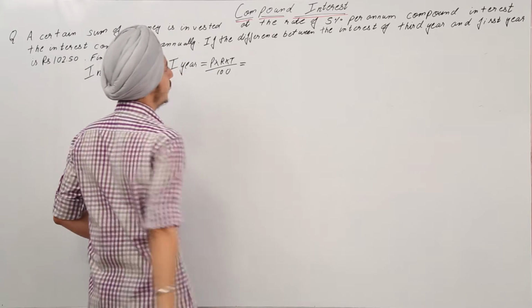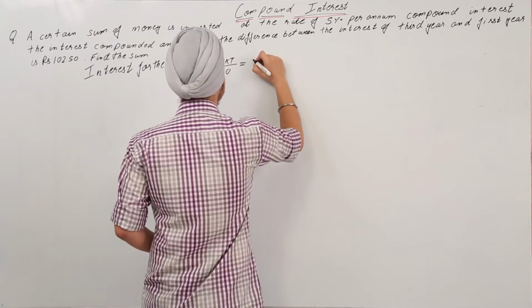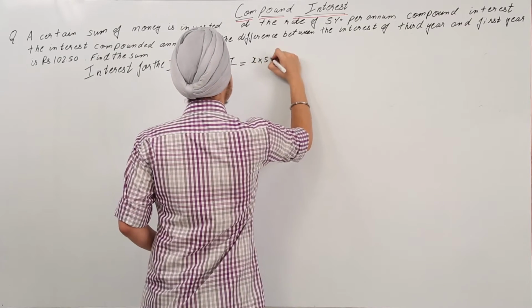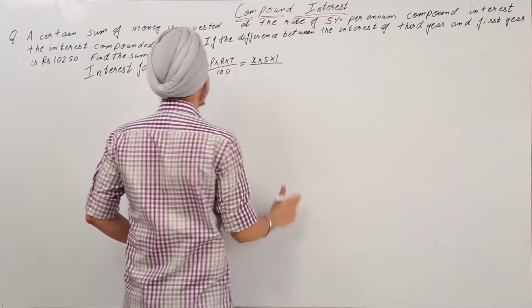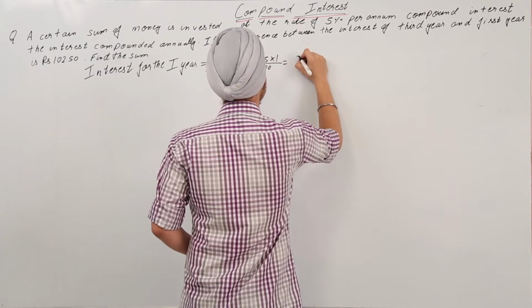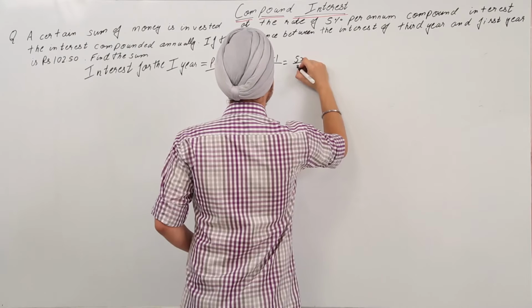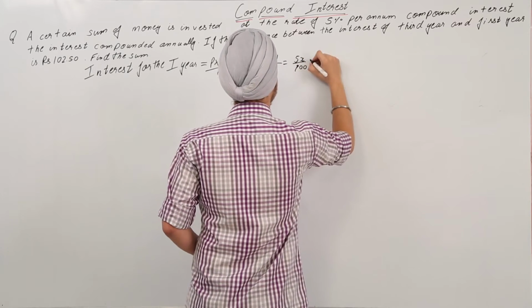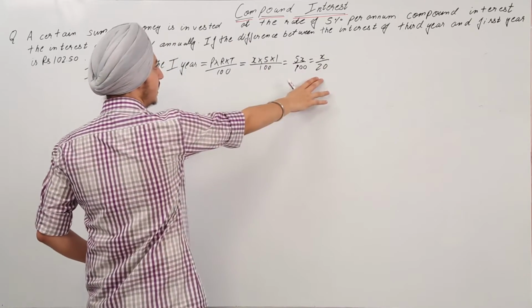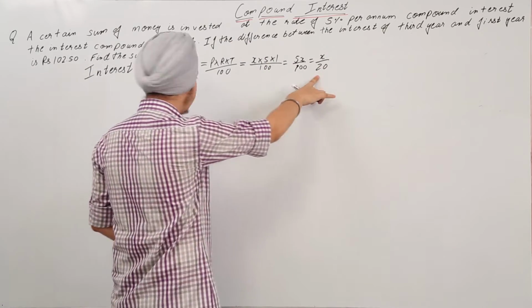The principal we have to find, let's take it as x, the rate is 5%, and the time is 1. So this is equal to 5x upon 100, or x upon 20. So this is the interest for the first year.